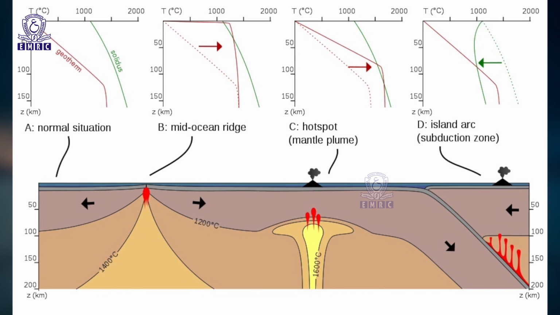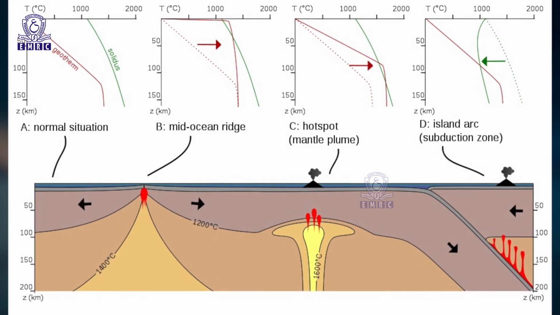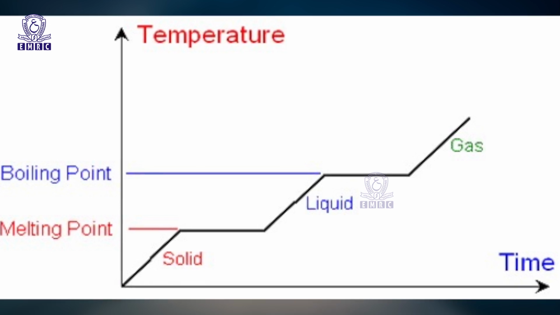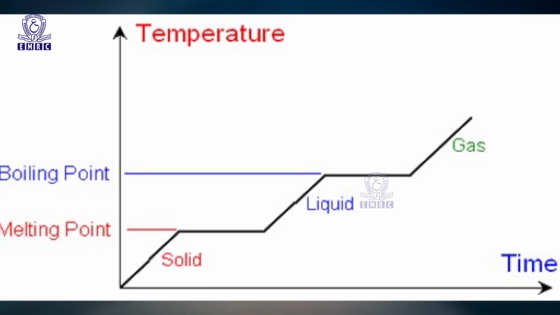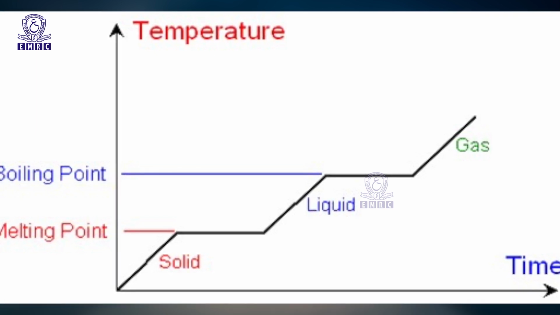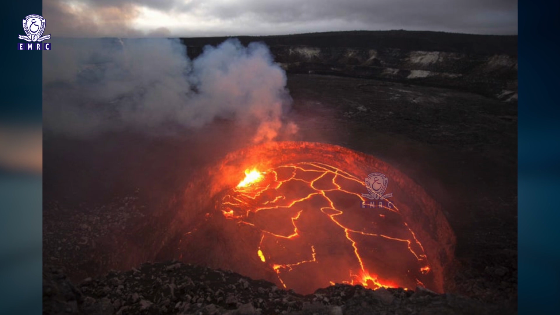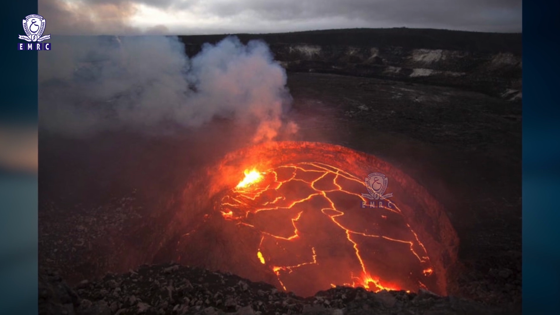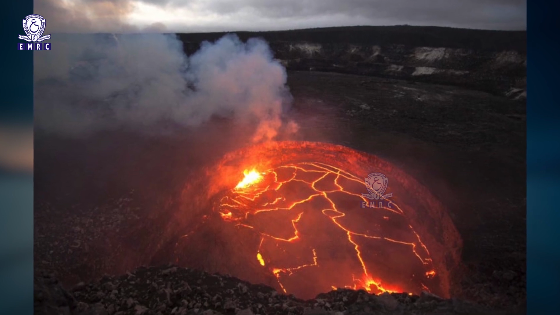On the thermal condition and temperature gradient of the interior of the earth, the temperature is around 1100 degrees centigrade at a depth of 100 kilometers, which is nearer to the initial melting point. Thus, the asthenosphere is in a partially molten condition.